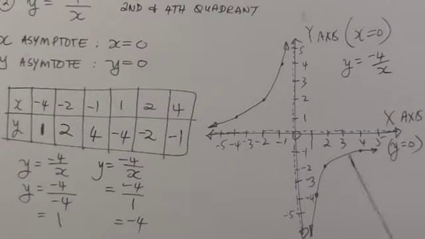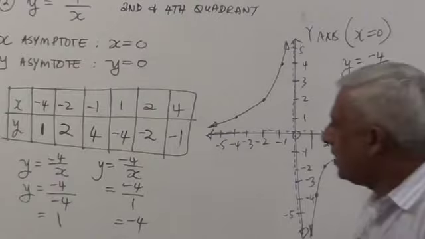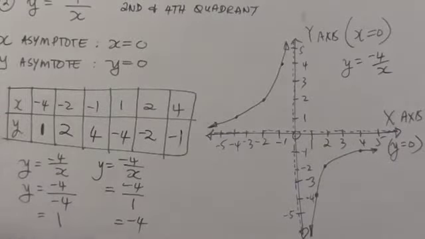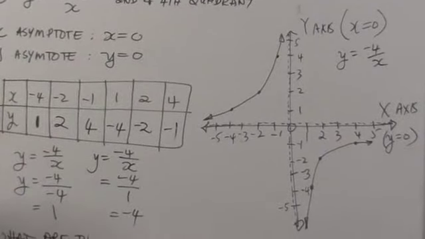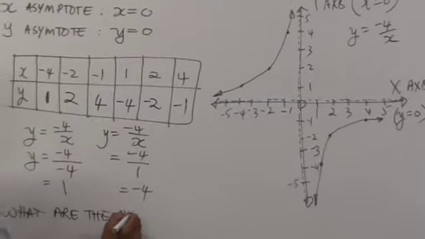Alright, so we hope you got it right and we hope you understand how to draw these graphs. Now, I'm going to discuss one more thing over here, and we want to know what are the axes of symmetry.